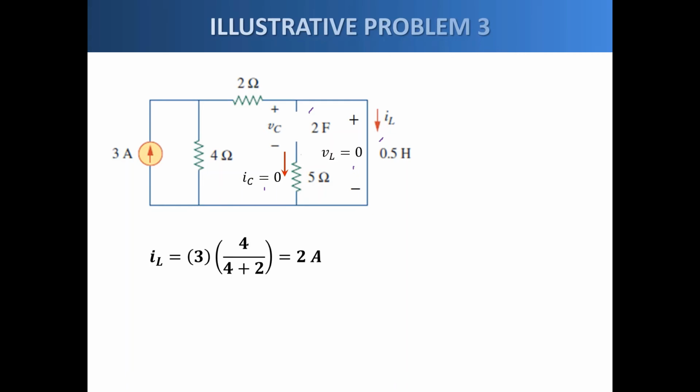We notice that since the inductor is a short circuit, the 2 ohms and the 4 ohms are in parallel because they are connected to the same node. So they're connected to this node and to this node. Okay, so therefore they are in parallel.